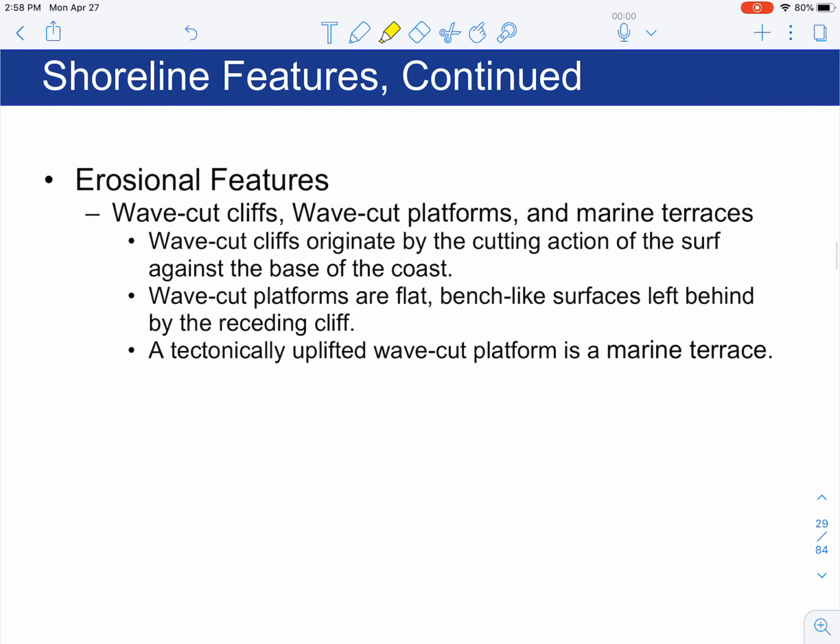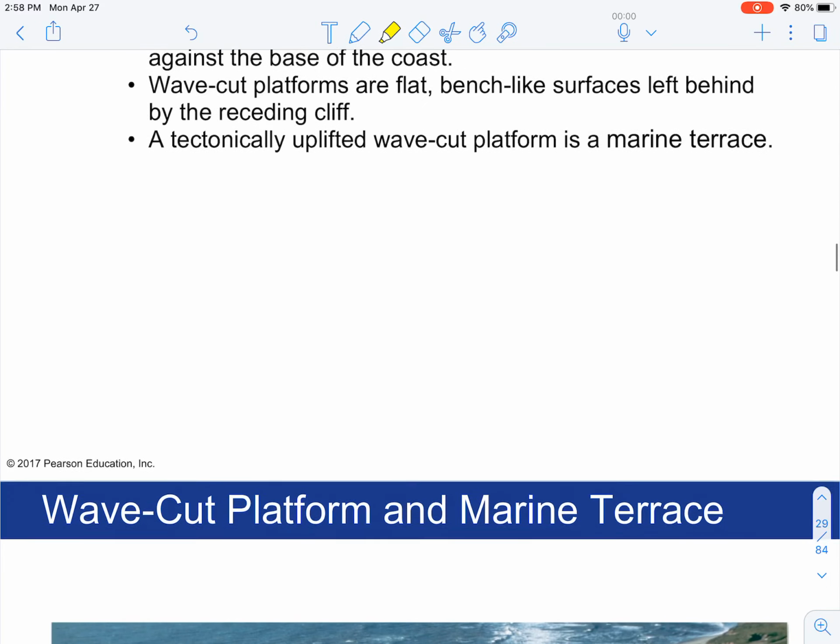Some other landforms that we see in these coastal areas include cliffs and terraces, where waves are eroding the base of cliff faces along the coastline and creating bench-like surfaces.